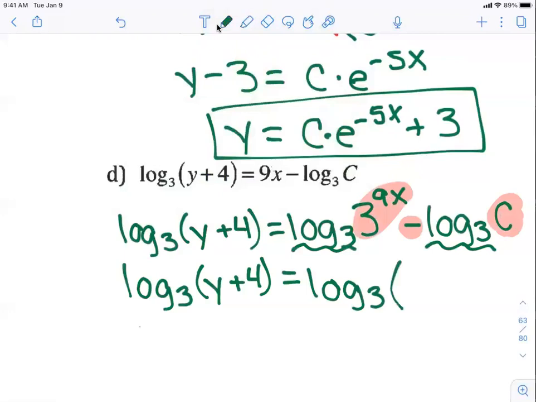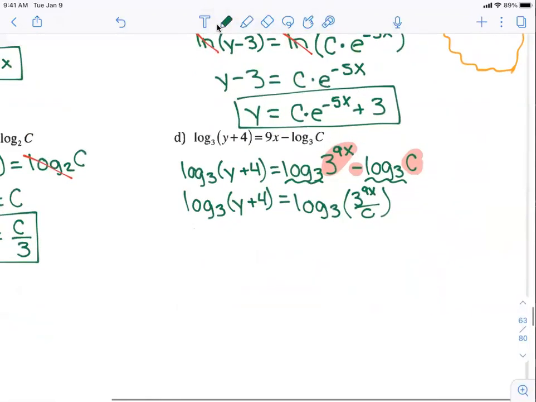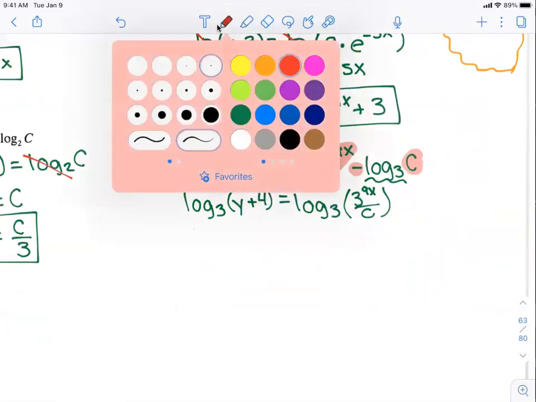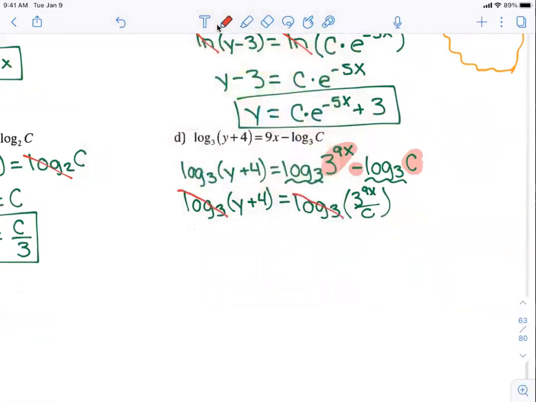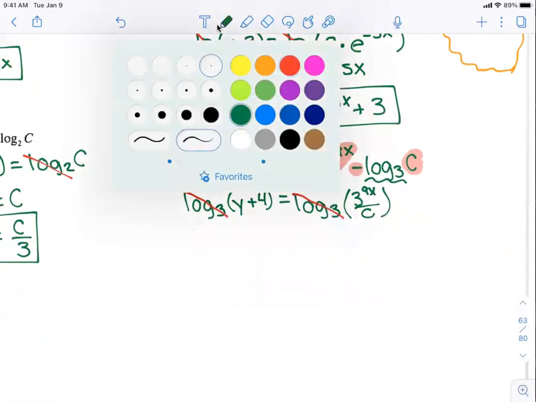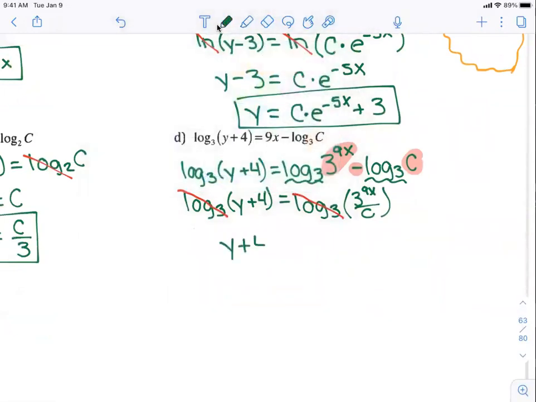That's going to turn into 3 to the 9x divided by c. Yay, you know what's exciting? We have one log base 3 isolated on each side. So gone, gone. Beautiful. So we have y plus 4 equals 3 to the 9x over c.